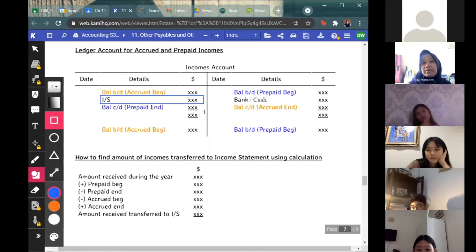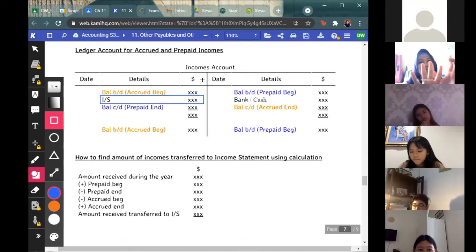So in the T account of incomes and the T account of expense, you will always have to find four pieces of information: balance BD, bank, IS, and then balance CD.